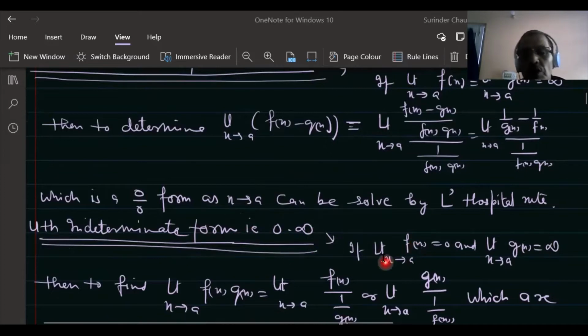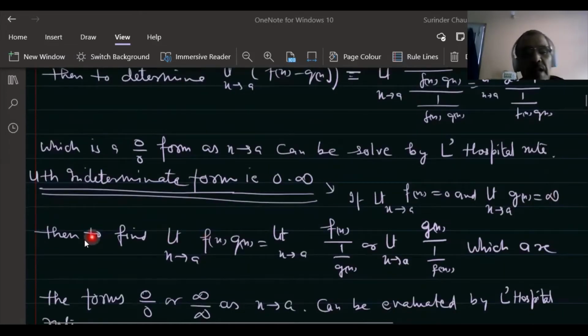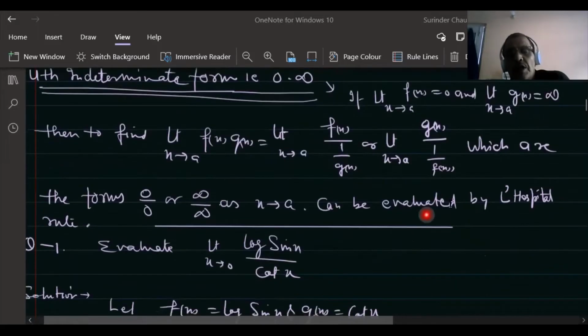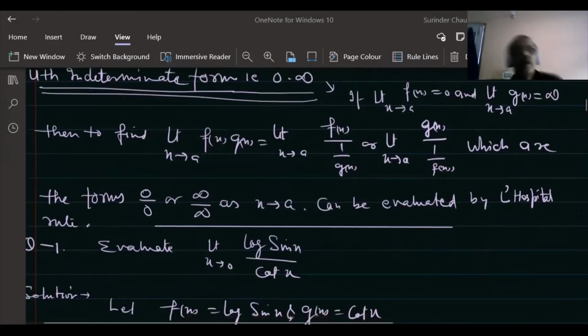The explanation is: if limit x tends to a of f(x) is 0 and limit x tends to a of g(x) is infinity, then limit x tends to a of f(x)g(x) is equal to limit of f(x) upon 1/g(x), or limit of g(x) upon 1/f(x), which are of the form 0 by 0 or infinity upon infinity as x tends to a, and can be evaluated with the help of L'Hospital rule.